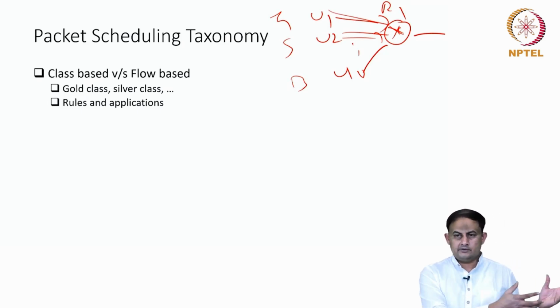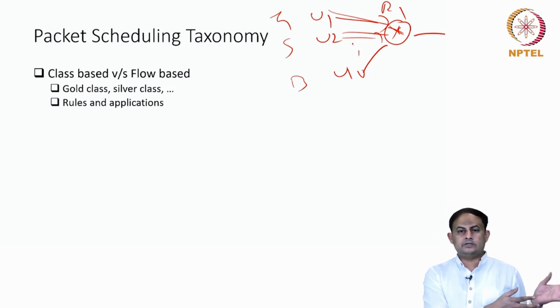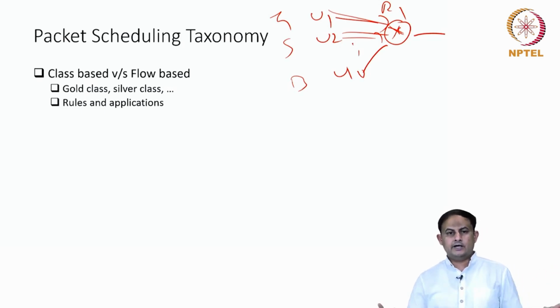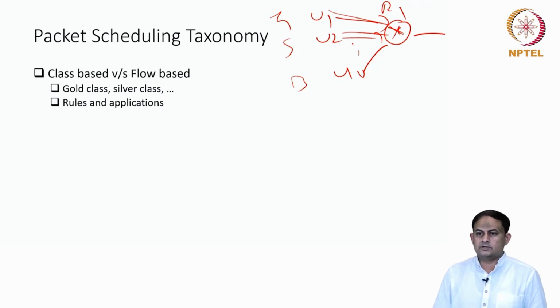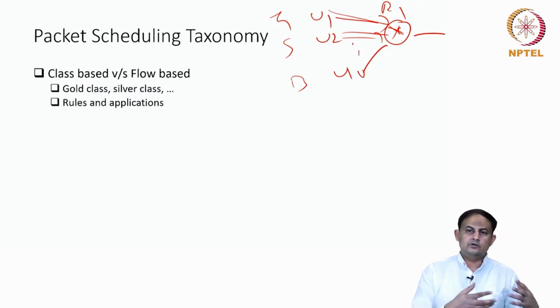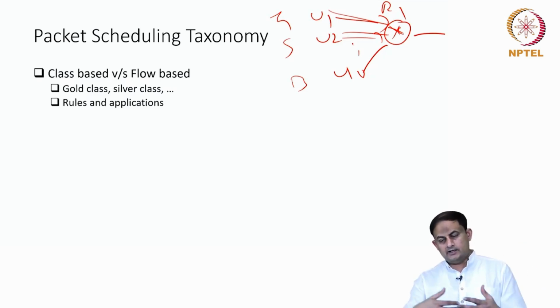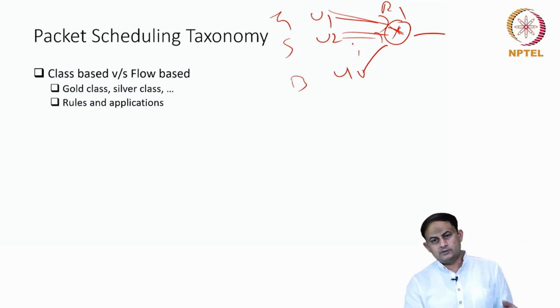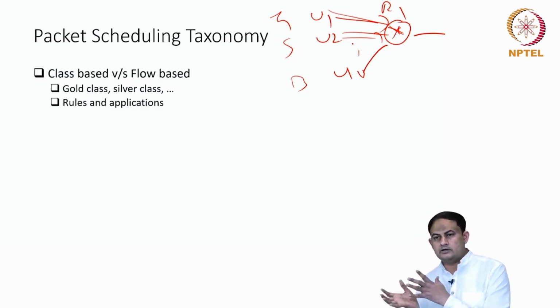So, you can map it to the earlier discussion that we had with respect to packet classification. Packet classification is actually done with a set of rules, and using those rules you are doing the differentiation, and exactly the same thing is happening here. Scheduling is one way to implement what the classifier is actually telling you. So, this is the flow, you want to take this action, then how do I do that?